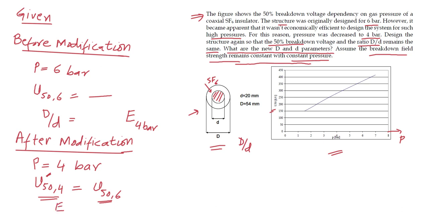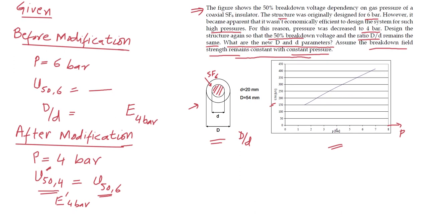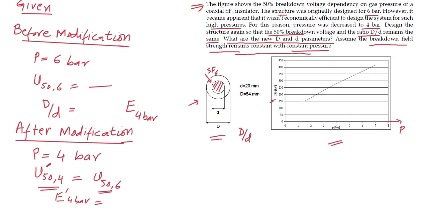So E dash at 4 bar must be equal to E at 4 bar, which means before the modification.